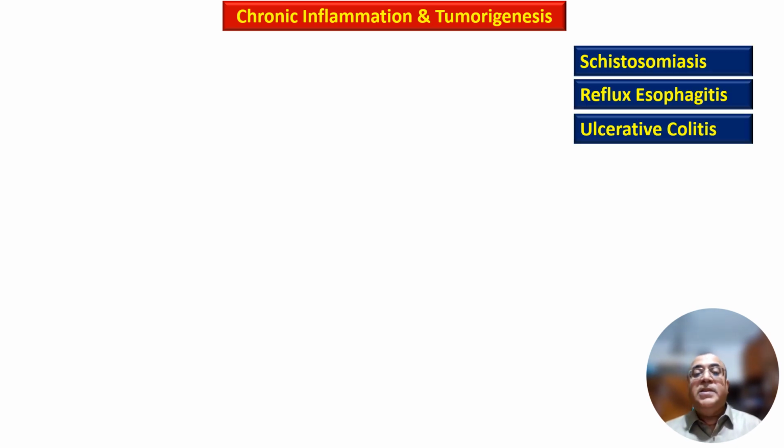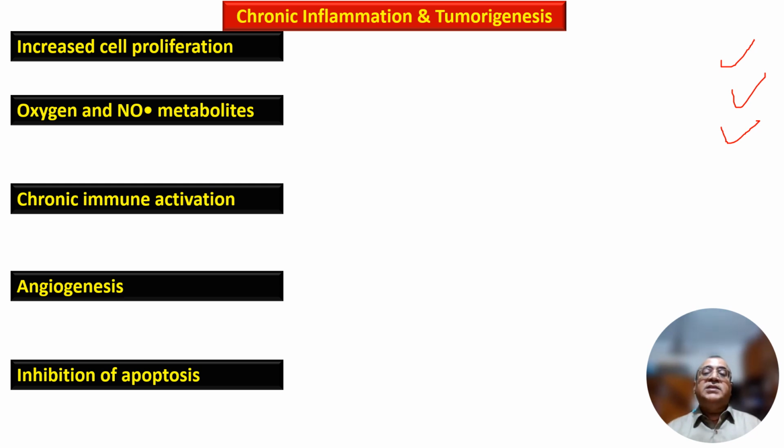A link between cancer development and inflammation, especially the chronic inflammation, has been developed. Some examples that lead to this cancer are schistosomiasis, reflux esophagitis, and ulcerative colitis. How these turn into a tumor, there are many mechanisms.